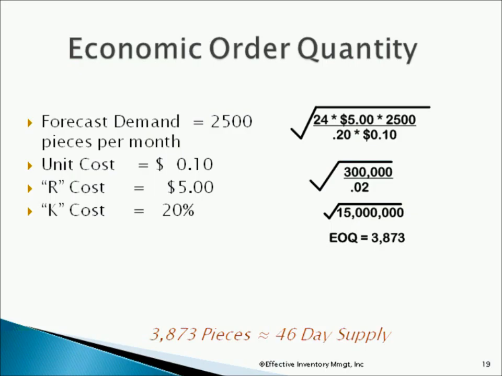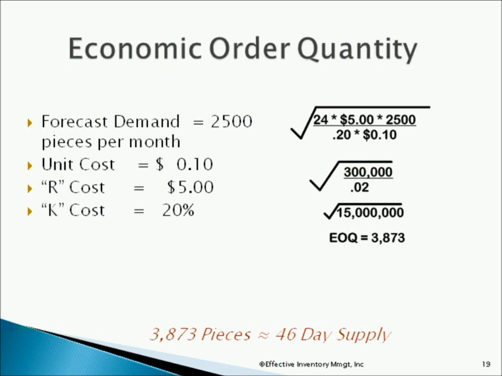It does vary by what I am going to call dollars moving through inventory. That is the forecast demand times the unit cost. In the third example, I had 2,500 times 10 cents, or $250, moving through inventory, moving through my warehouse per month.